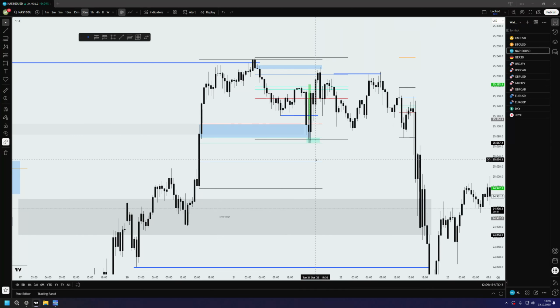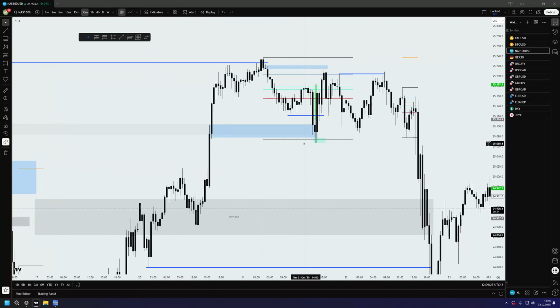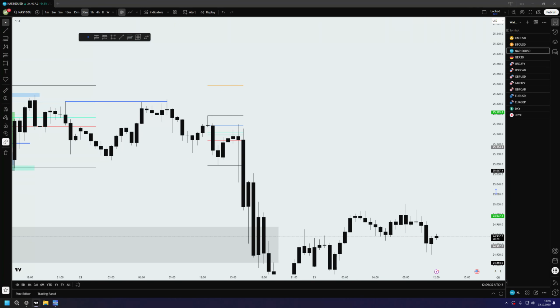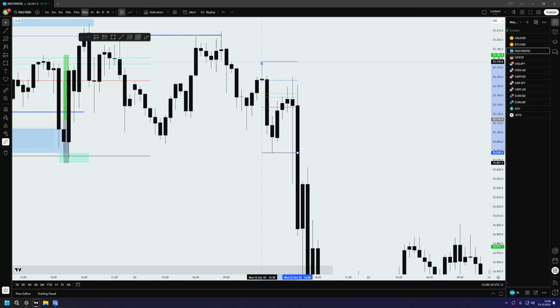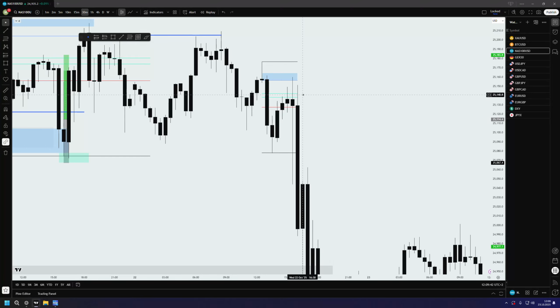So basically, OT, hidden base, and also some sort of level here. Here, lower time frame entry. We came back to the 80%, where there was an EG right here.